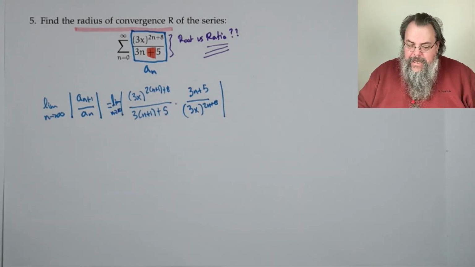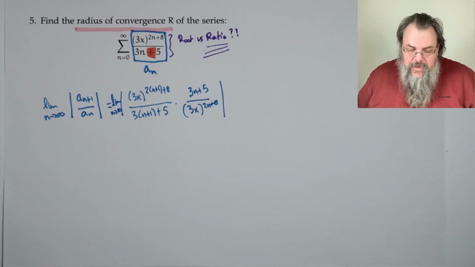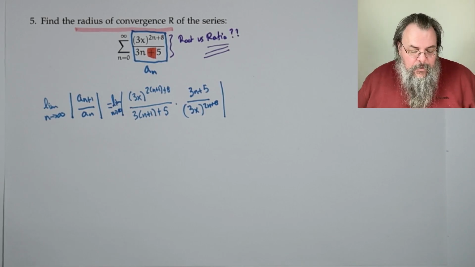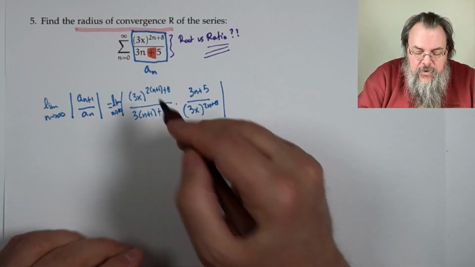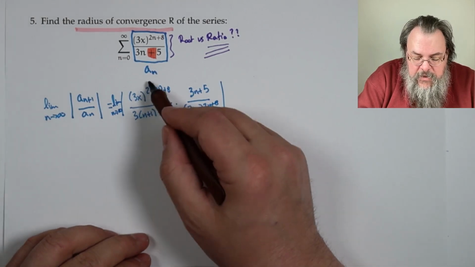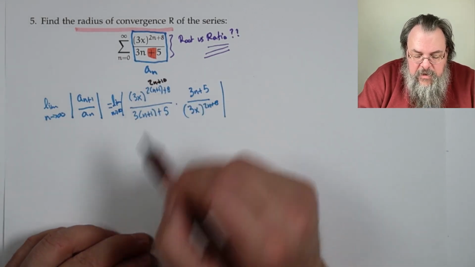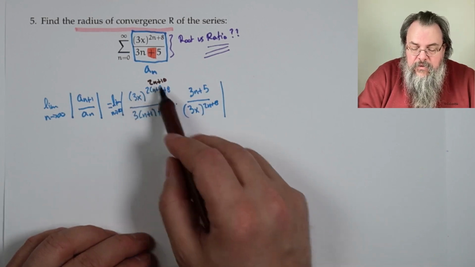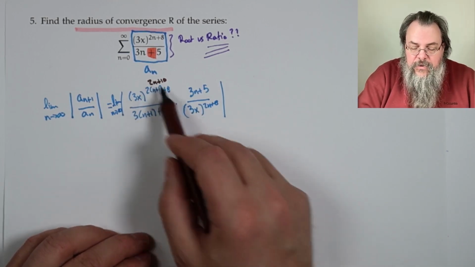Okay, so what happens here? Well, some things simplify, and that's what we're after. Notice here we really have 2n plus 10 upstairs, and here there's 2n plus 8, with 3x to the power, so you subtract.